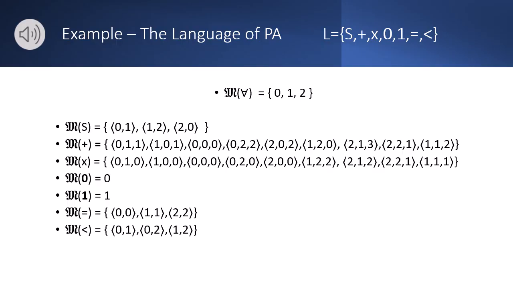So for example, in addition, we have that triple 0, 1, 1, and that would represent 0 plus 1 is equal to 1. And then all the way at the end, you have something like 1, 1, 2, and that would represent 1 plus 1 is equal to 2. The same thing is true for multiplication, and you can consider these as just being the addition tables or the multiplication tables for these two operations.